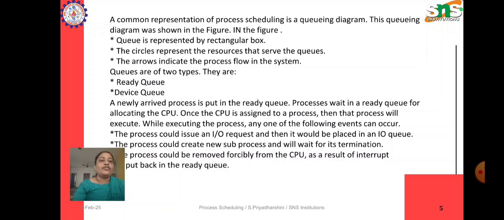Queues are of two types, ready queue and device queue. When a newly arrived process is put in the ready queue, it waits there for the CPU to be allocated. Once the CPU is assigned to a process, the process will execute. While executing, any of the following events can occur. The process could issue an IO request, or it could create new sub-processes, or it could be removed forcibly from the CPU as a result of an interrupt. After this, they are all put back in the ready queue.